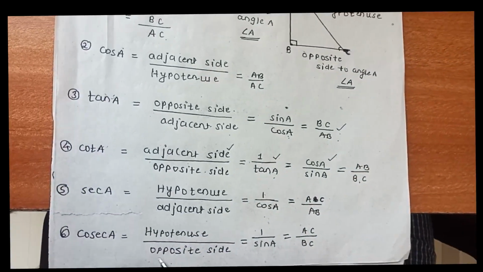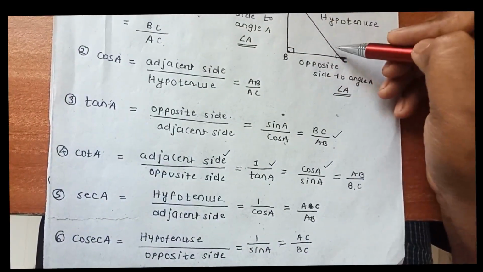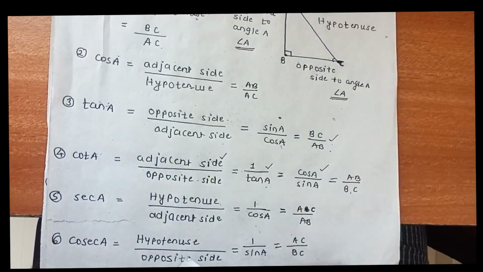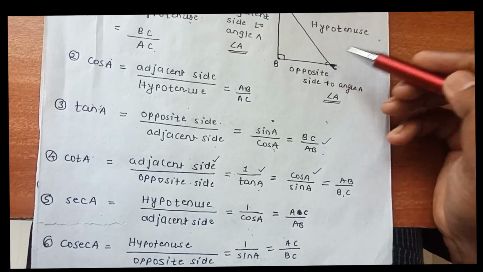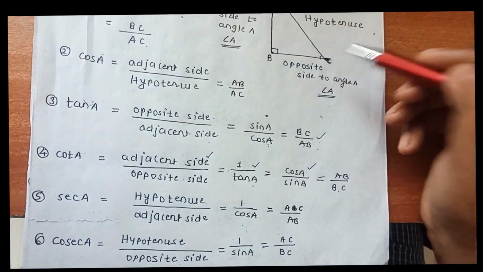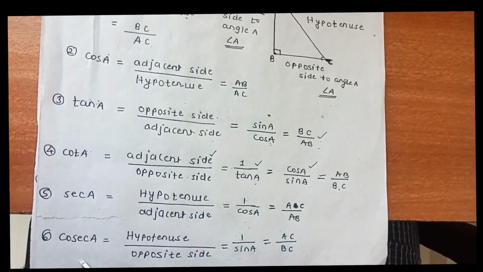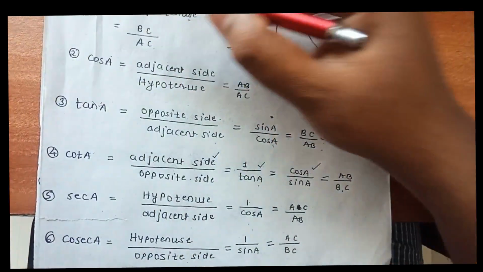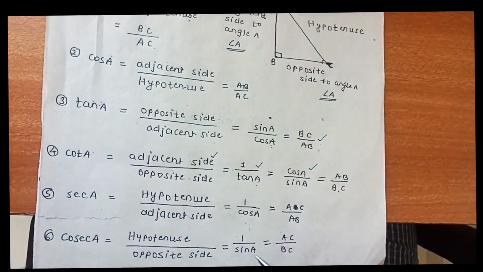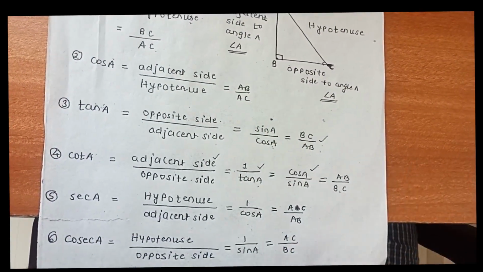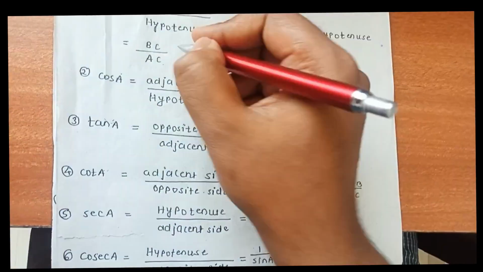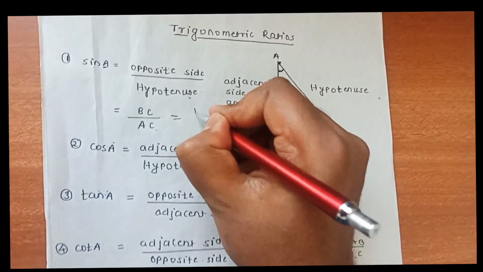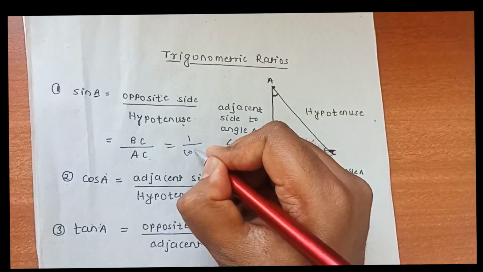Next is cosec A. Cosec A is nothing but the hypotenuse upon opposite side. The hypotenuse is AC and the opposite side is BC, so AC upon BC. Otherwise, cosec A is the reciprocal of sin A, so we can write 1 upon sin A. Since cosec A is equal to 1 upon sin A, for sin A also we can write 1 upon cosec A, because it's vice versa.